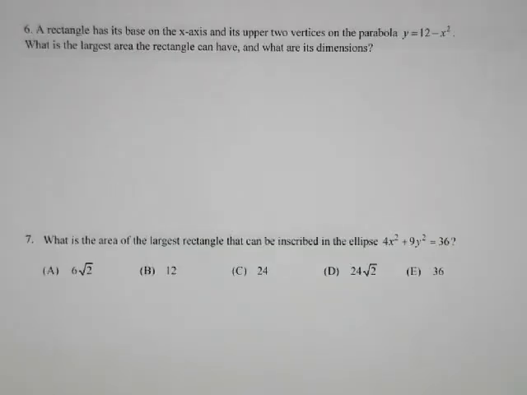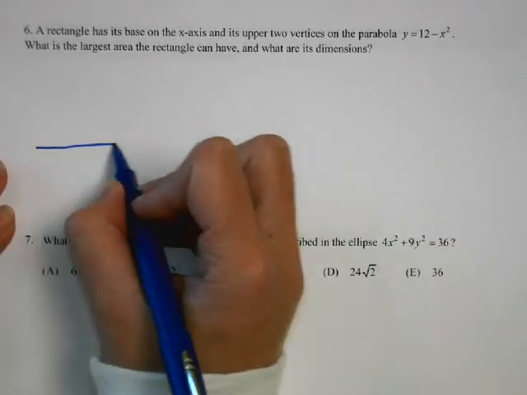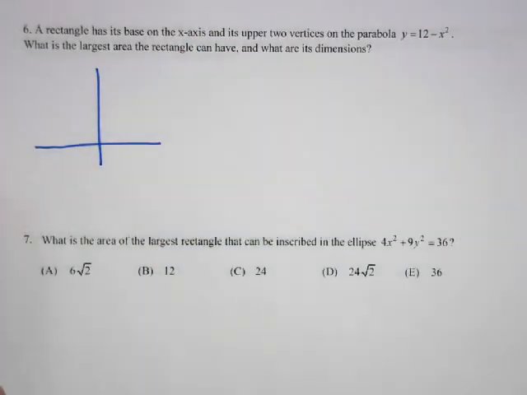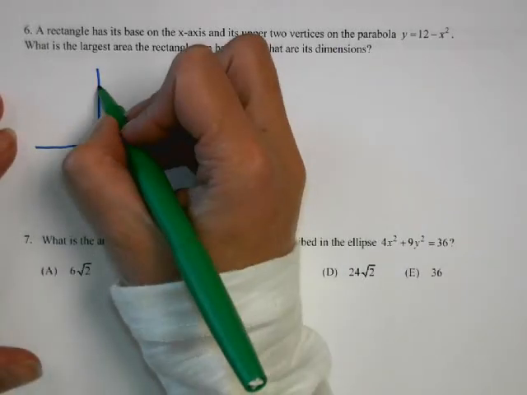Right, a rectangle has a base that's on the x-axis, and its upper 2 vertices are on the parabola y equals 12 minus x squared. What is the largest area the rectangle can have, and what are its dimensions? Okay, so we have the x-axis, y-axis. We have an upside-down parabola that's moved up 12 units.